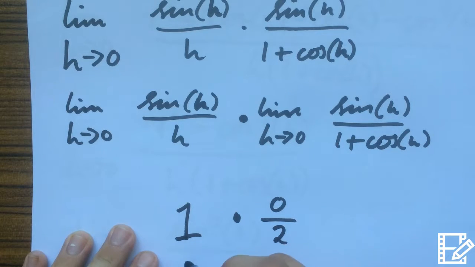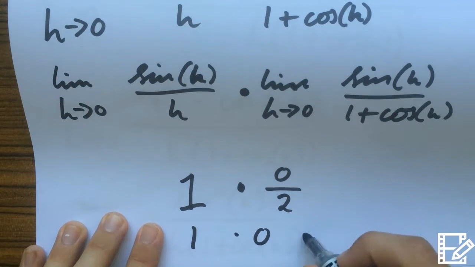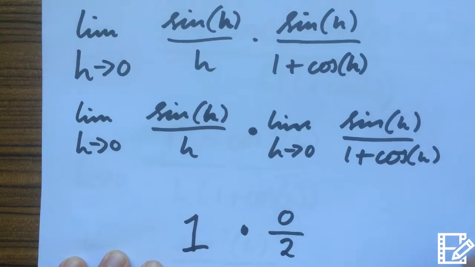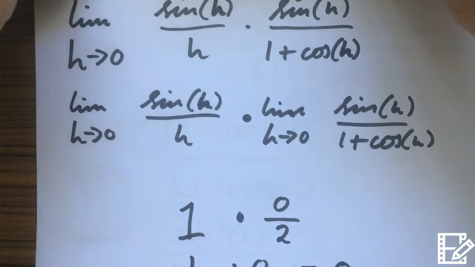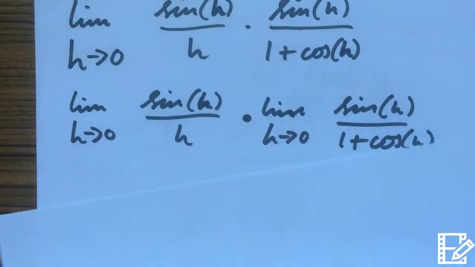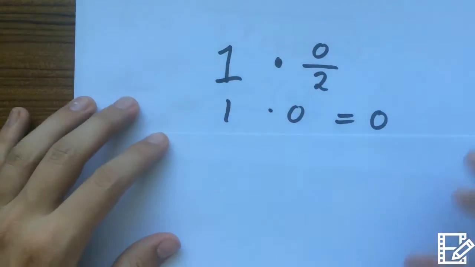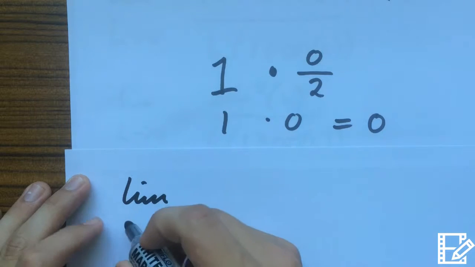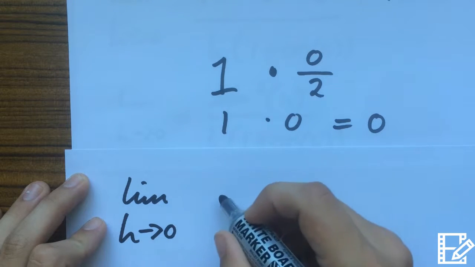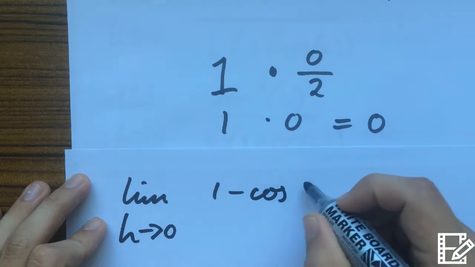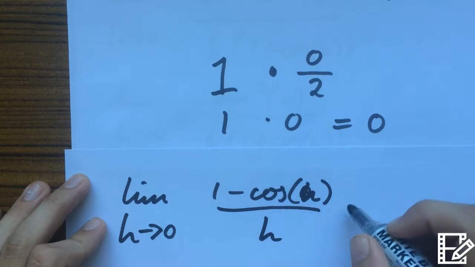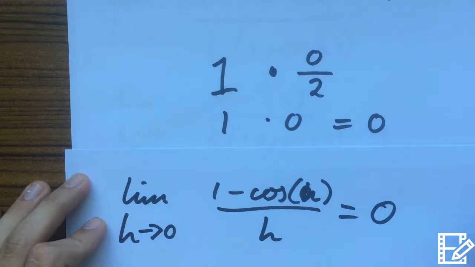Well, firstly, that's 1 multiplied by 0, because 0 over 2 is 0. So you're left with 0. And therefore, the limit as h approaches 0 of 1 minus cosine of h over h equals 0.